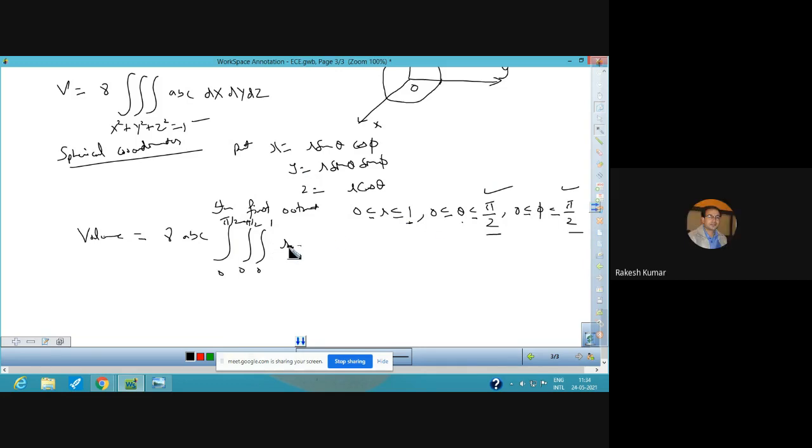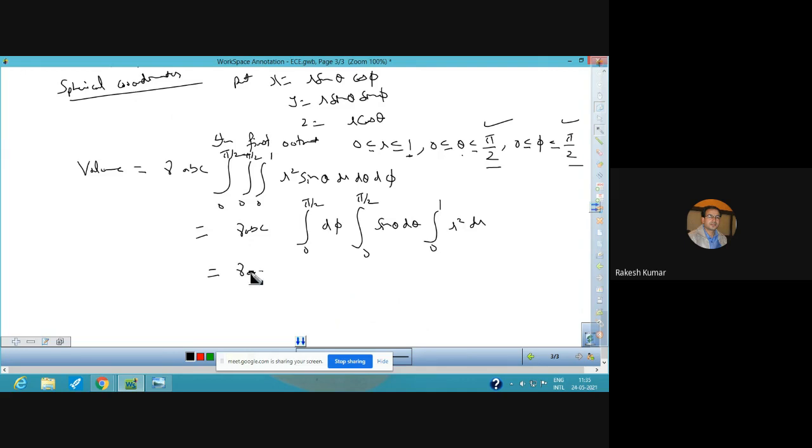And you know that the value of the Jacobian is r squared sine theta dr d theta d phi. So you can separately integrate this: 0 to pi by 2 d phi, 0 to pi by 2 sine theta d theta, and 0 to 1 r squared dr. Now you can integrate all three integrals.